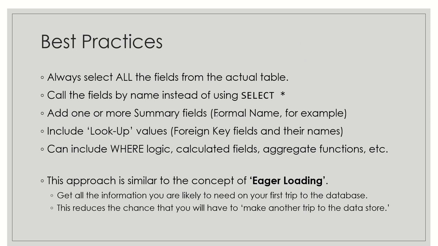So for example, if you have a first name field and a last name field, it's typical that the view would include a full name or a formal name to avoid doing calculations when you're selecting from it. So we can include all kinds of logic, calculated fields, functions, anything that you might want to hide from the people who are using your view logic.